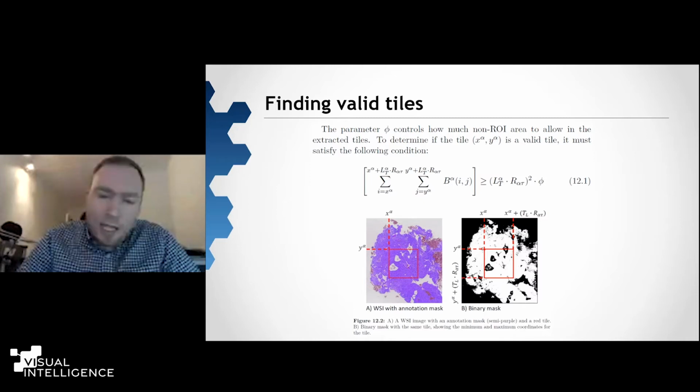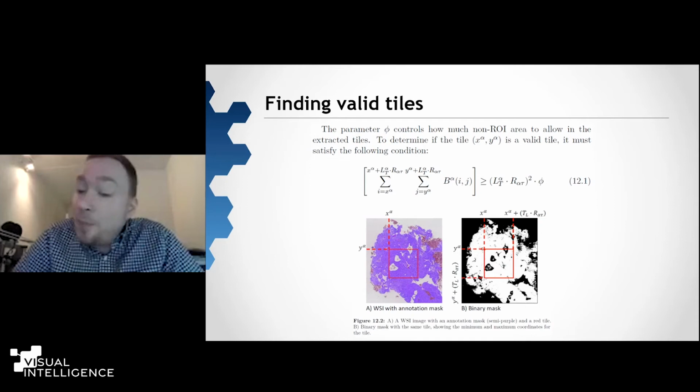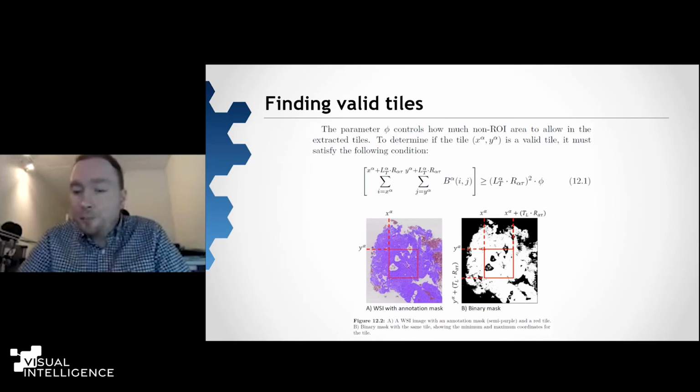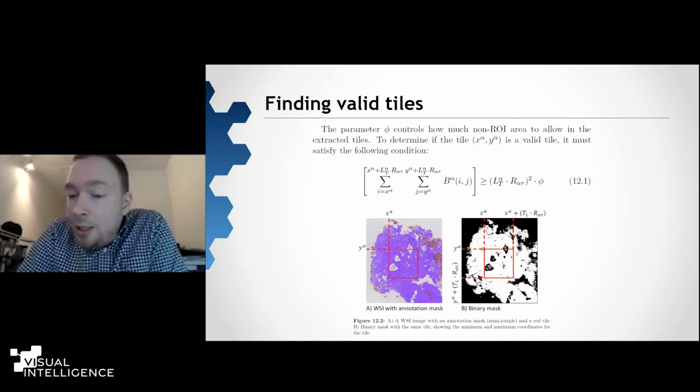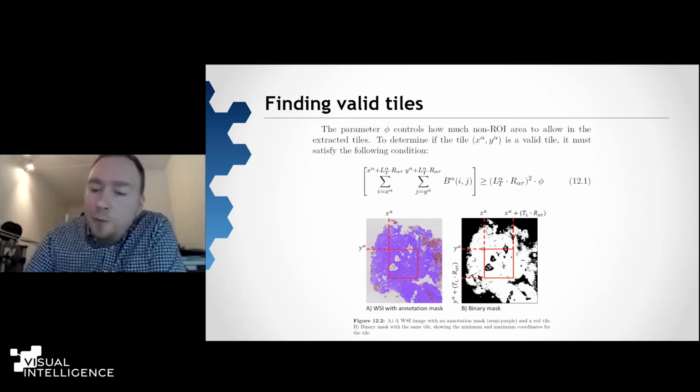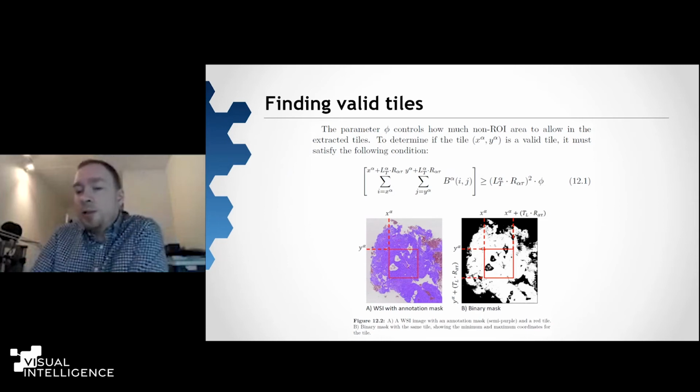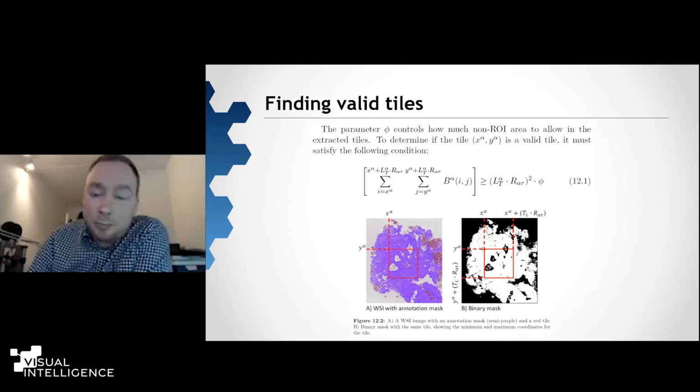On the left-hand side of the expression, we have a double sum, which summarizes the pixels within the tile's area in the binary mask. So we are summing all of the pixels inside this binary mask. And this binary mask contains ones for the region of interest and 0 for all the non-region of interest. The right-hand side of the expression is the total area of the tile multiplied by the parameter phi. So it means that a lower value of phi would allow for more non-region of interest in the valid tiles.